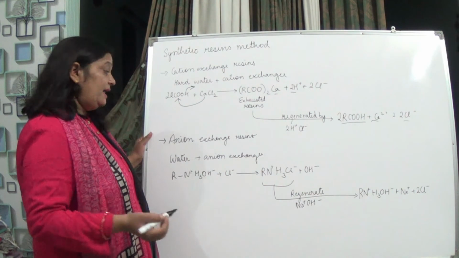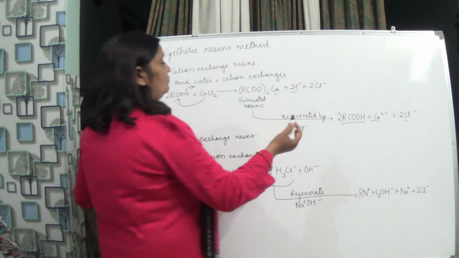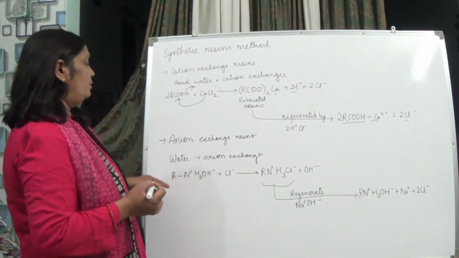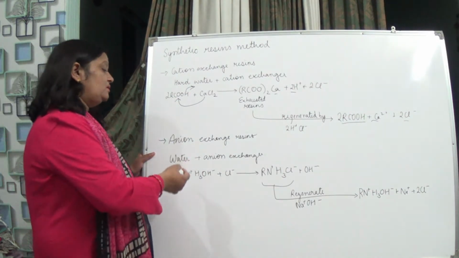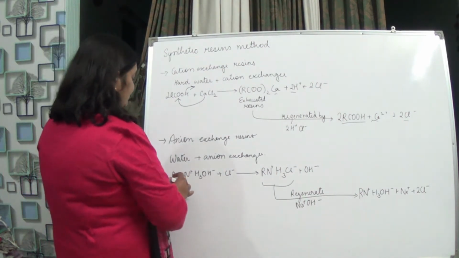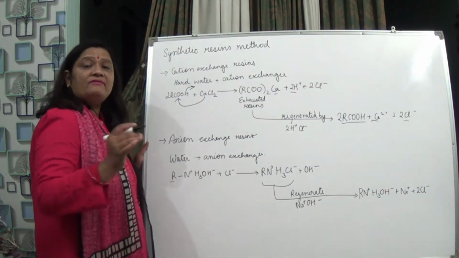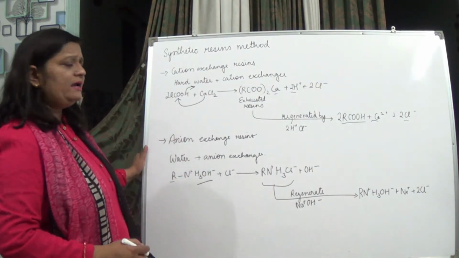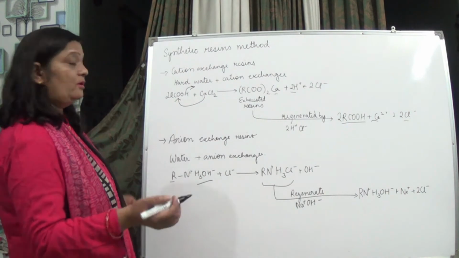Here the anions, like the chlorides and the sulfates, are removed. Before, we saw the cations, the calcium, but here we are going to see the anions, the chlorides or sulfates. So we take water plus an anionic exchanger, which is joined to an anion: a long hydrocarbon chain having an OH group attached to it, because this will participate in giving out the chlorides and sulfates present in the hard water of calcium and magnesium.